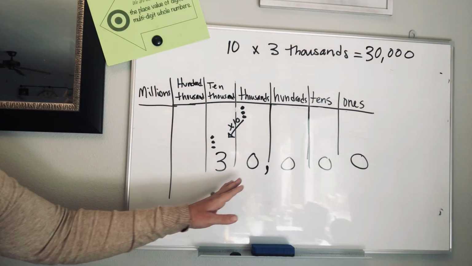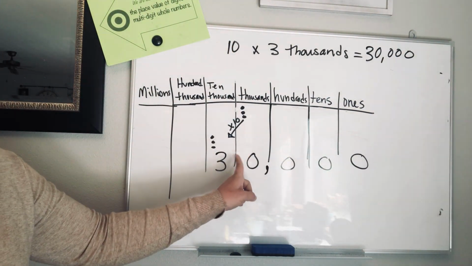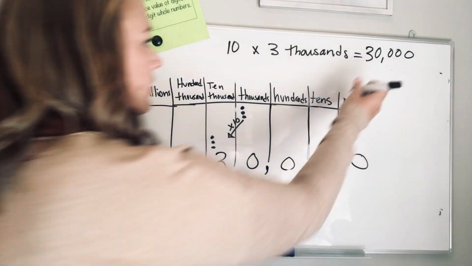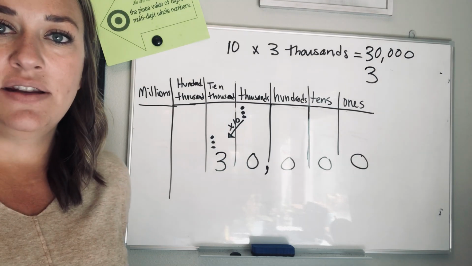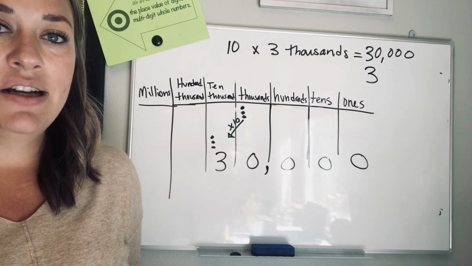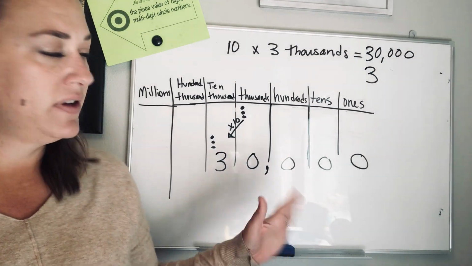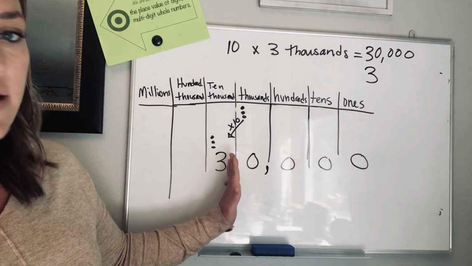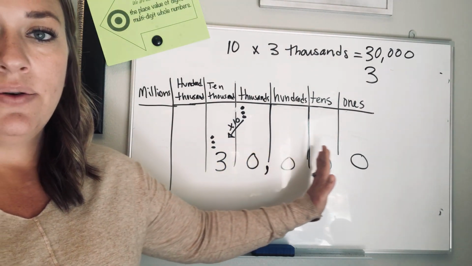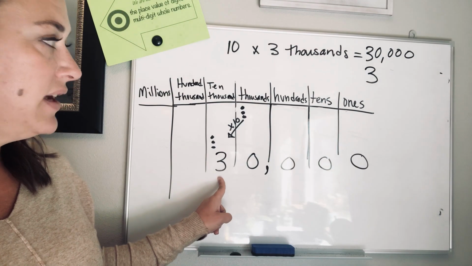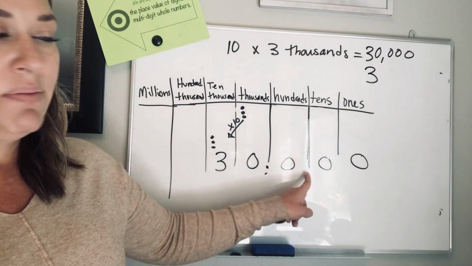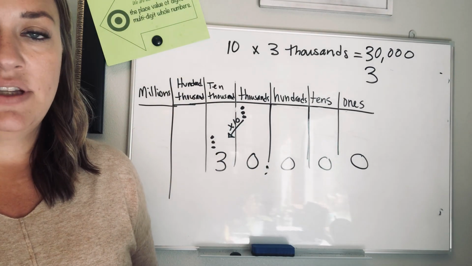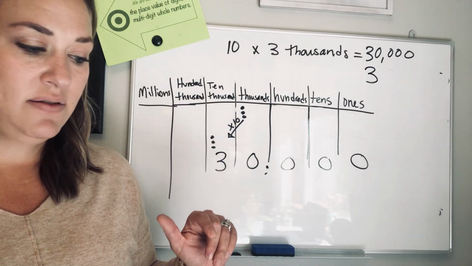If I were to not fill these empty place values with 0 and just write 3, do you see the difference in that value? That's a dramatic difference. If you don't have any value in the place values below where you do have value, like I have value in my 10,000s but none below it, I still need to put the 0, or else it's not going to show me a correct value.